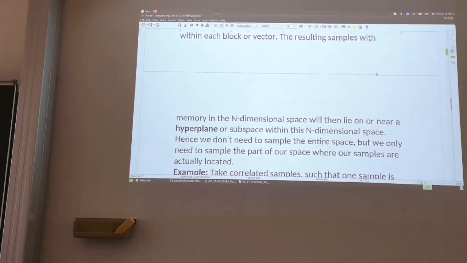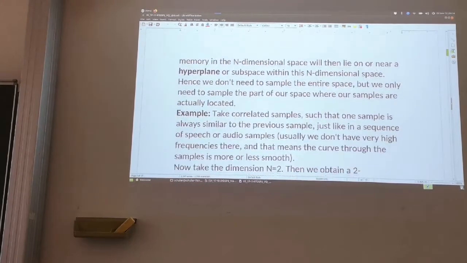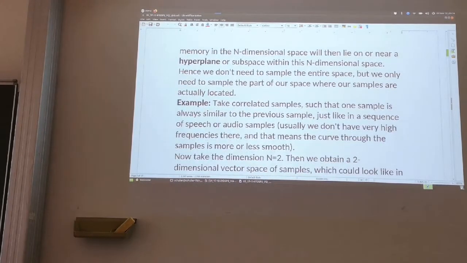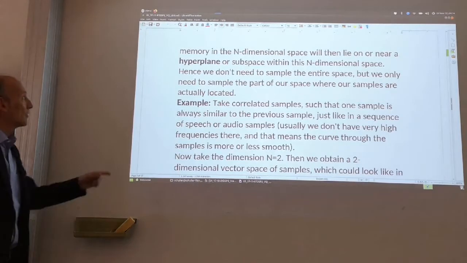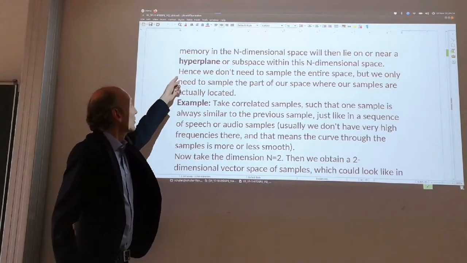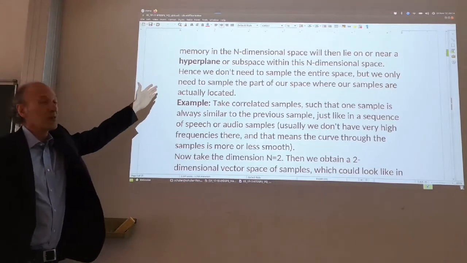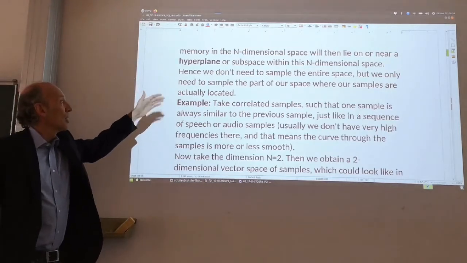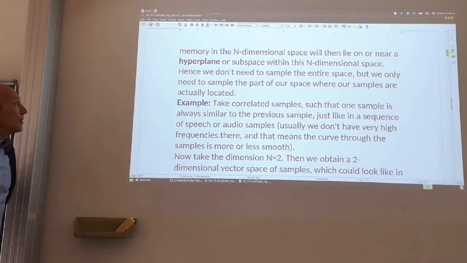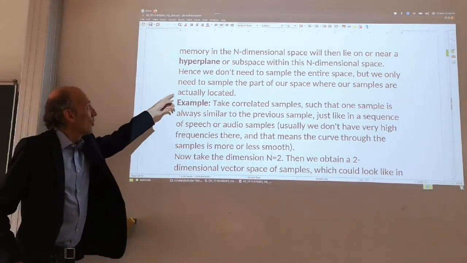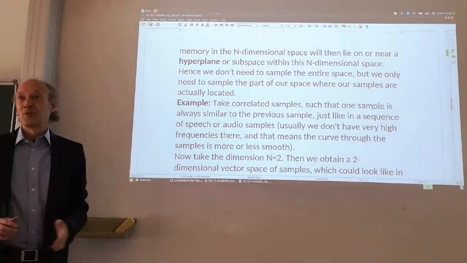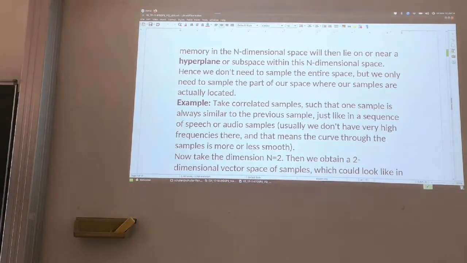So the resulting samples with memory in the n-dimensional space will lie on or near a hyperplane or subspace within this n-dimensional space. So that means we don't need to sample the entire space, but we only need to sample the part of the space where our samples actually are located, which might be much less.